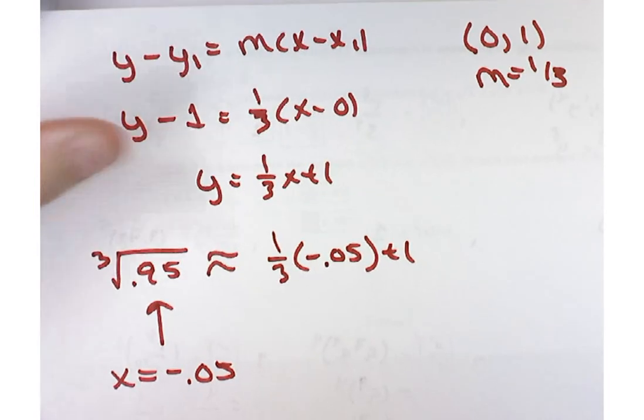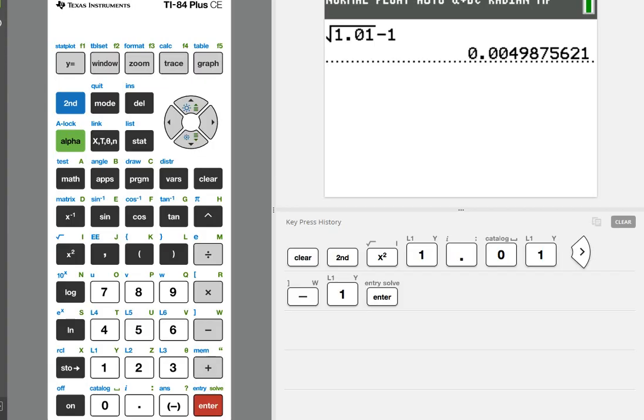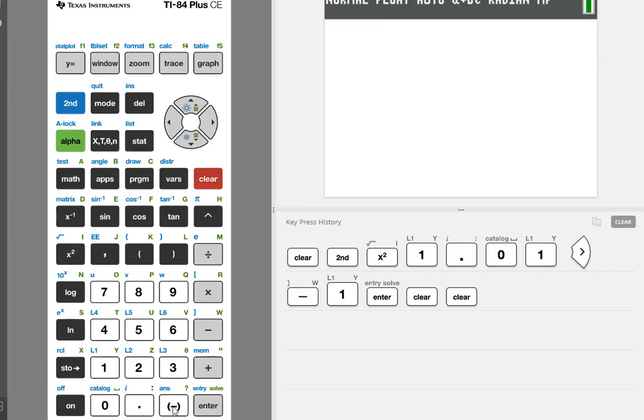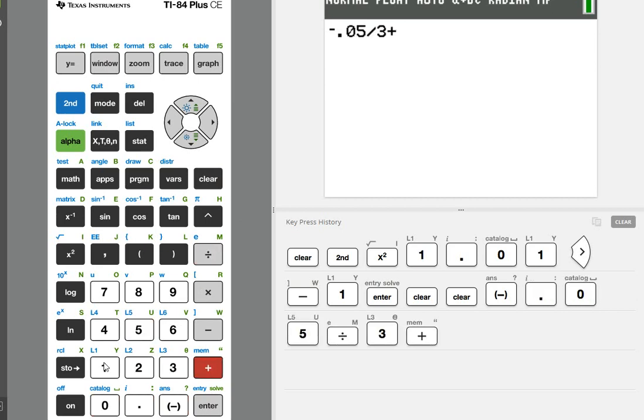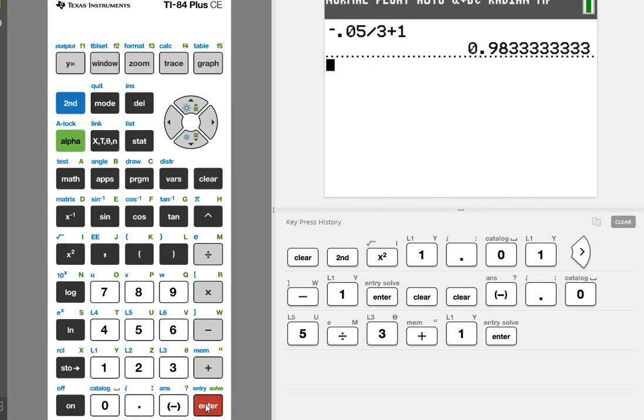I mean, that much you can do on your calculator. So negative 0.05 divided by 3 plus 1 is 0.9833. And they ask you to round it to 3 decimal places. 0.983.